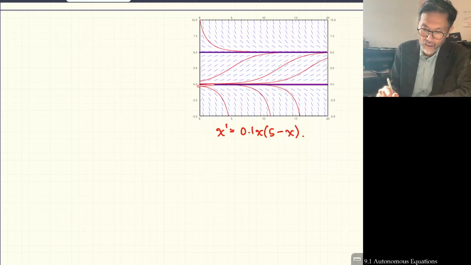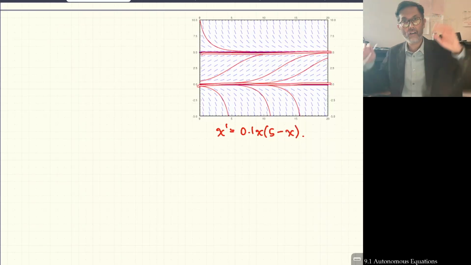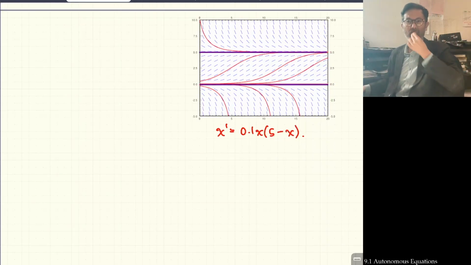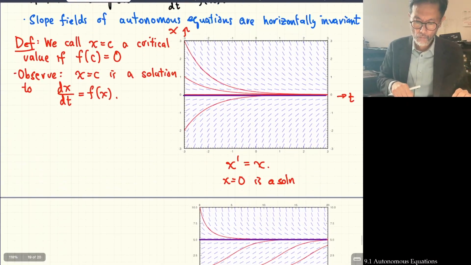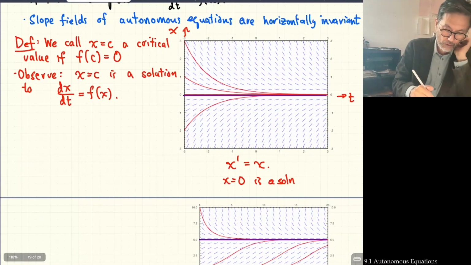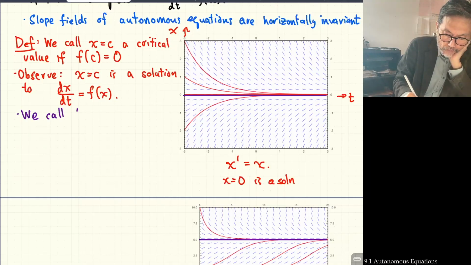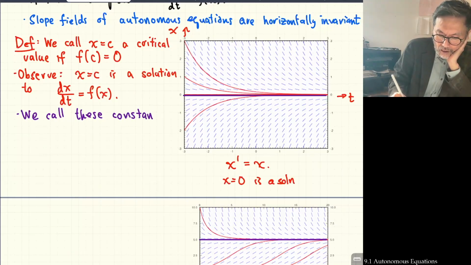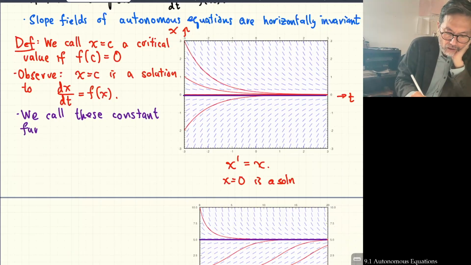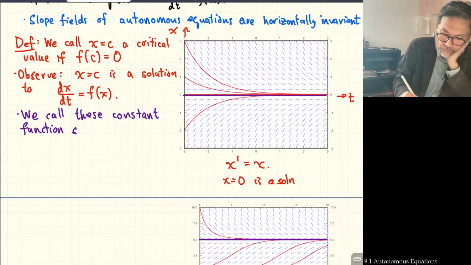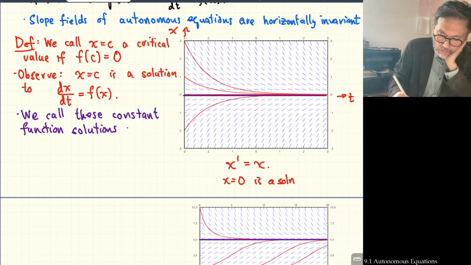And you see 0 and 5 are the horizontal constant solutions, okay? Now, we also call these constant function solutions equilibrium solutions.